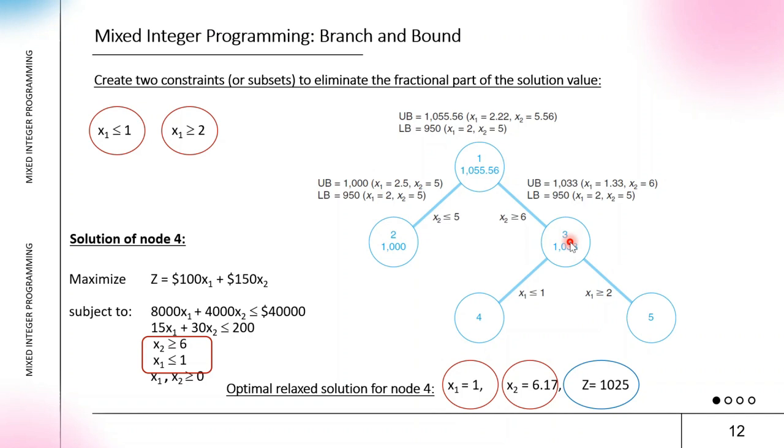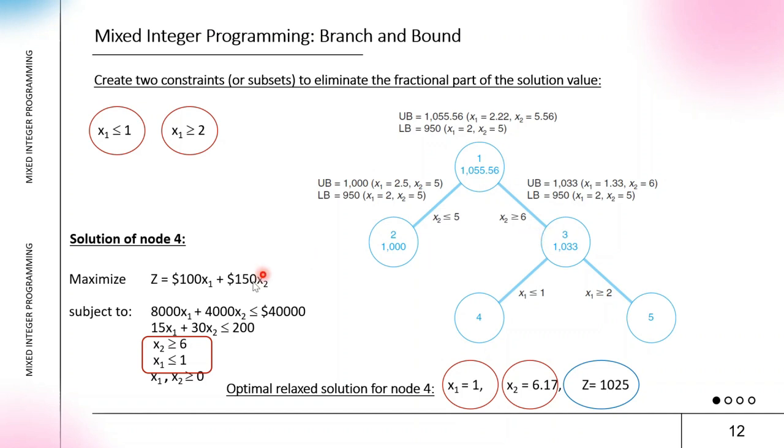It means that we must sweep and consider all branches and their constraints from the first node, from here, toward the relevant node that we are working on, to here.